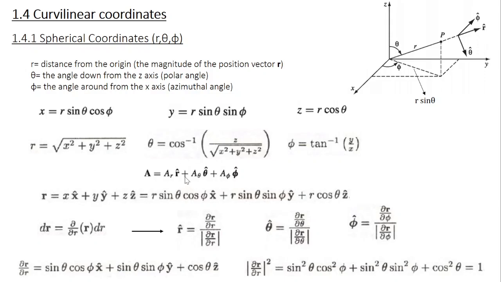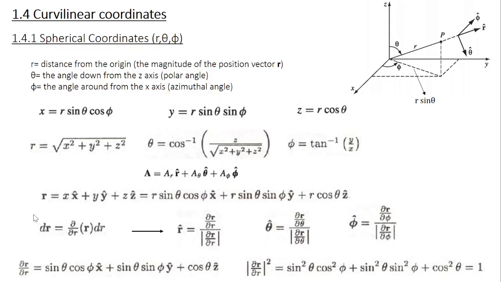Now we need to represent r cap, theta cap, phi cap in terms of x, y and z. How do we do that? We know the definition of the position vector, x x cap plus y y cap plus z z cap. Expand x, y, z in terms of r, theta and phi. So this is r sin theta cos phi x cap plus r sin theta sin phi y cap plus r cos theta z cap.